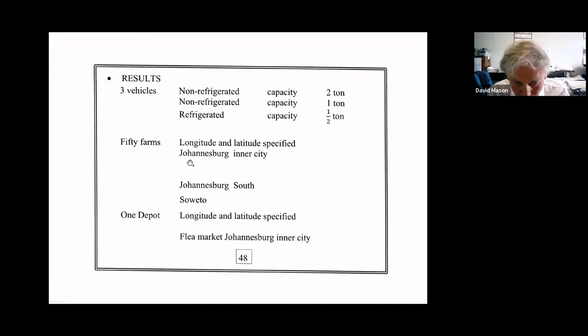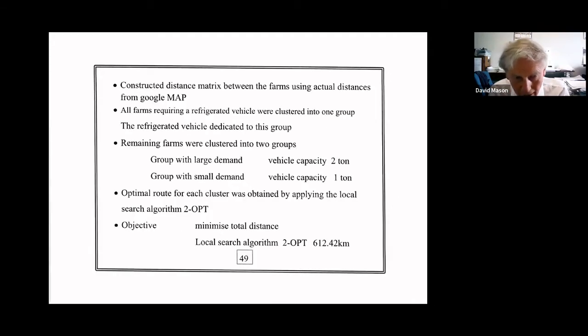There were 50 farms, longitude and latitude specified. It was in the Johannesburg inner city, South Johannesburg and Soweto. And there's one depot, in the flea market, Johannesburg inner city. They constructed a distance matrix between the farms using actual distances from Google Maps.